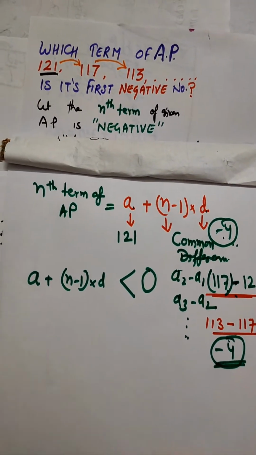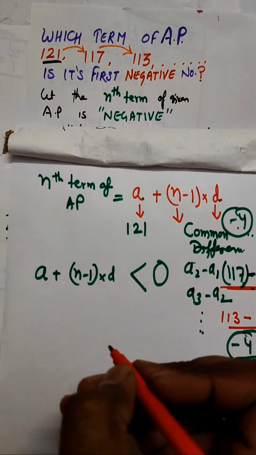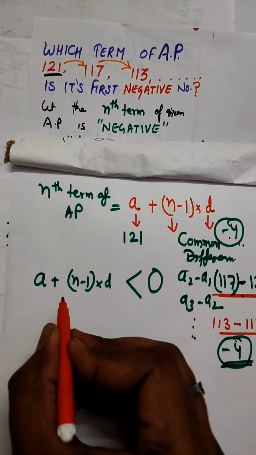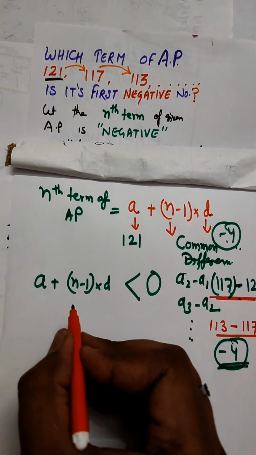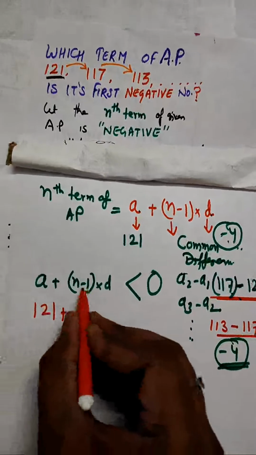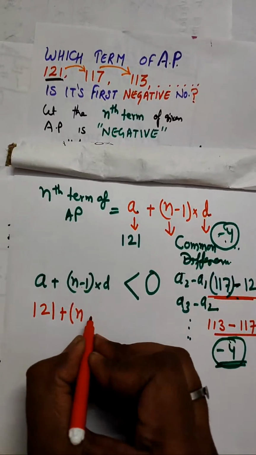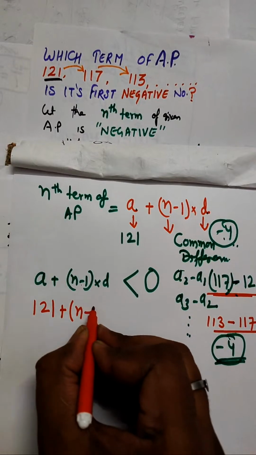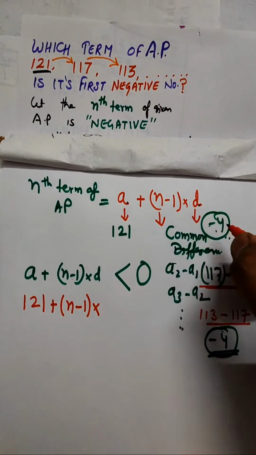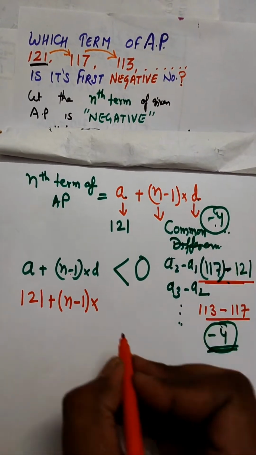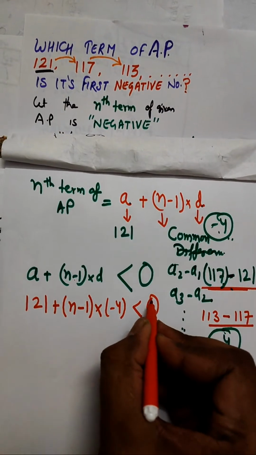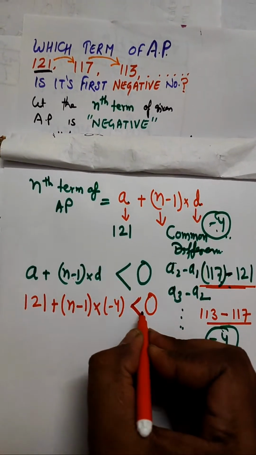I have uploaded the short of the same, so you can follow it, but I am explaining it in detail over here, and I am most welcome to answer any queries. a is 121, right? And n we need to find, so this is a variable. Minus 1 into d. We have calculated the value of d as minus 4, so put it over here. This value should be less than 0.